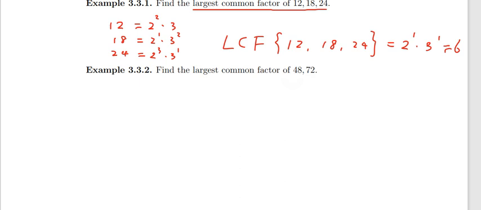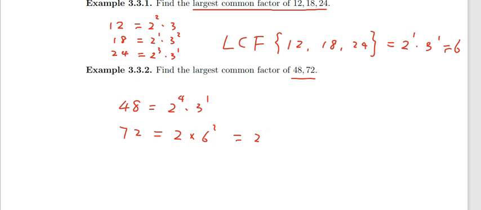Okay, let's check another problem. 48 and 72. 48 equals 2 times 24, so we can say 2 to the 4th times 3 to the 1st. And 72, I know 72 is 2 times 36, 6 squared, right?